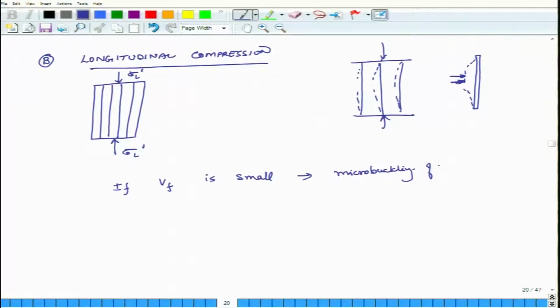So, only micro buckling of fiber happens, and the matrix remains in the elastic range.